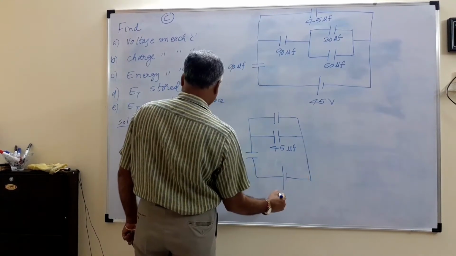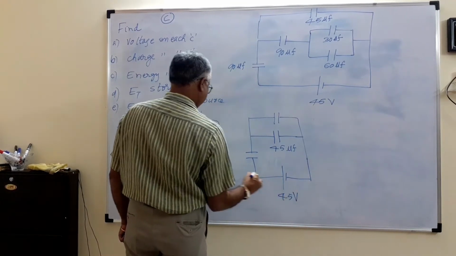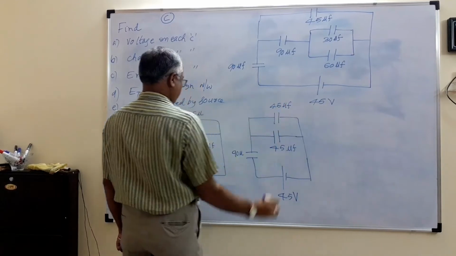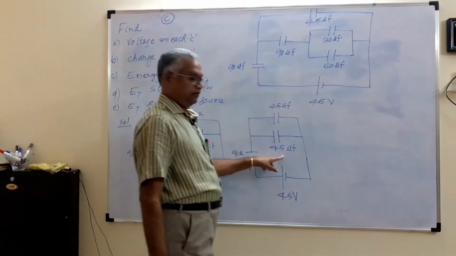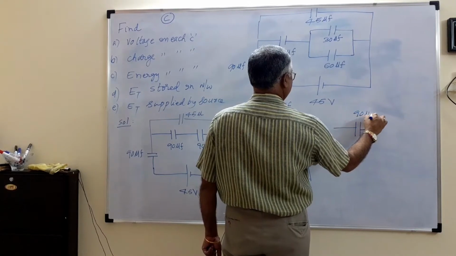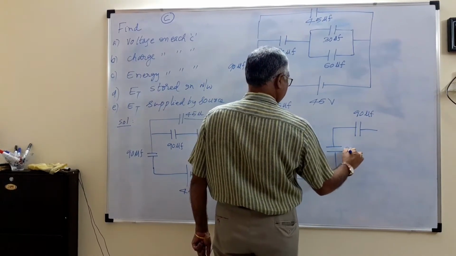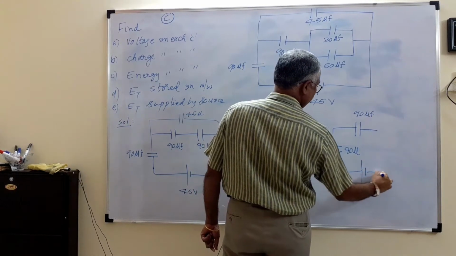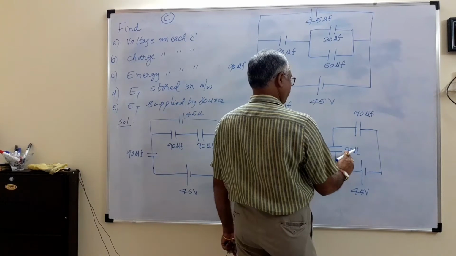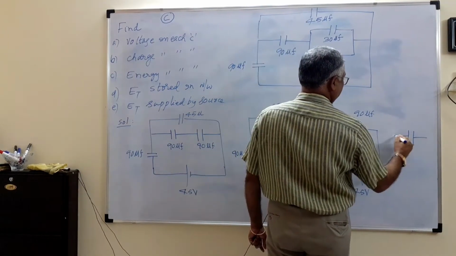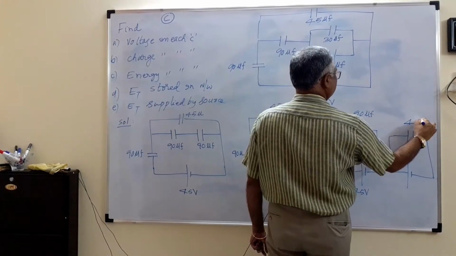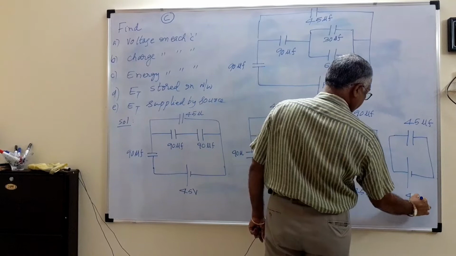Just step by step I am doing so that everybody will understand. So these two in series become 45. 45 parallel 45 is equivalent to 90 microfarads. The last step: 90 microfarads in series with 90 is equivalent to 45 microfarads, with 45 volts.